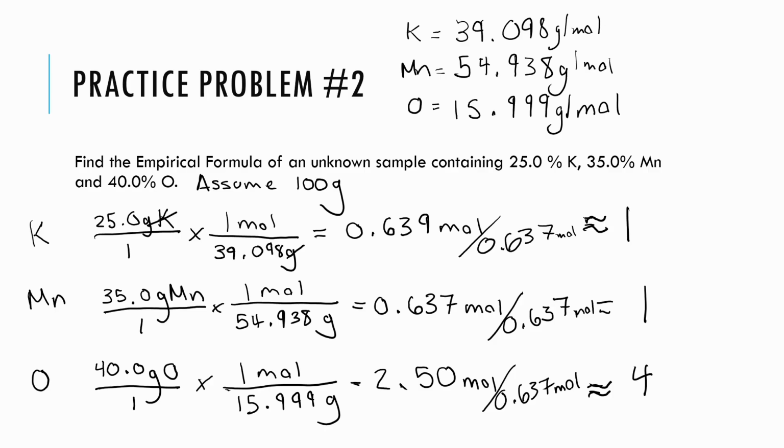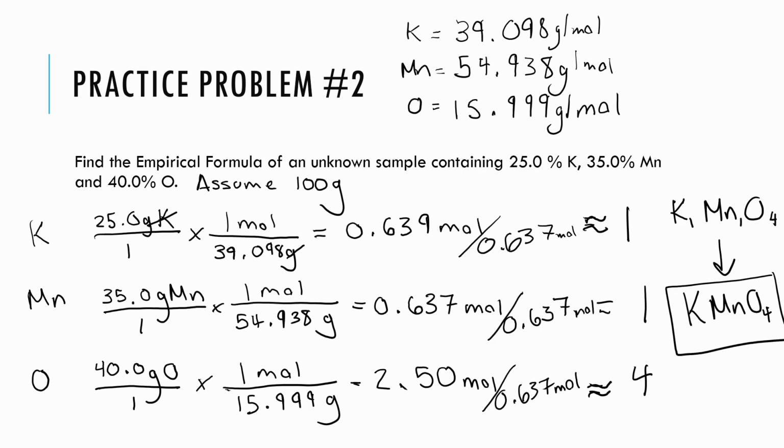For our formula, we get K1 Mn1 O4, and then remember we treat any 1 as a subscript as implied, and so we get KMnO4. This is the empirical formula from a sample containing 25% potassium, 35% manganese, and 40% oxygen.